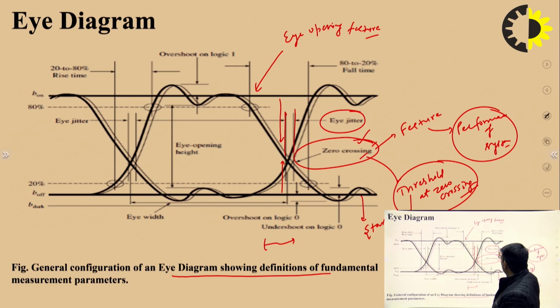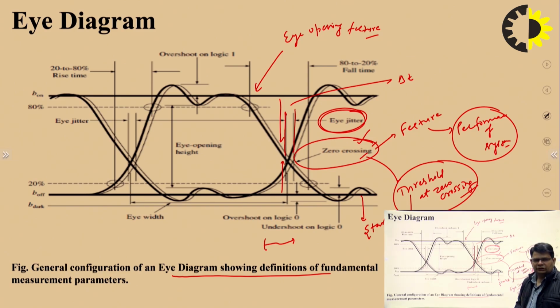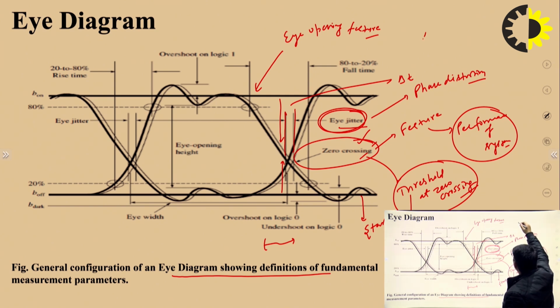This eye jitter is basically the time delta t. From this eye jitter we can analyze the phase distortion or phase margin of the system. This phase margin or phase distortion can be calculated as delta t by TB into 100, where TB is known as the bit duration.